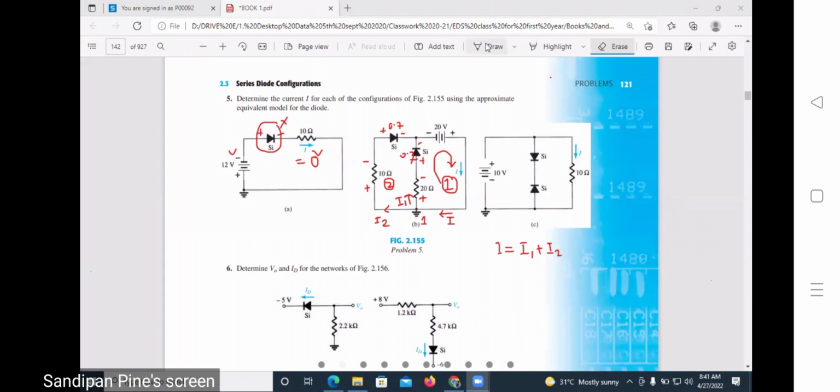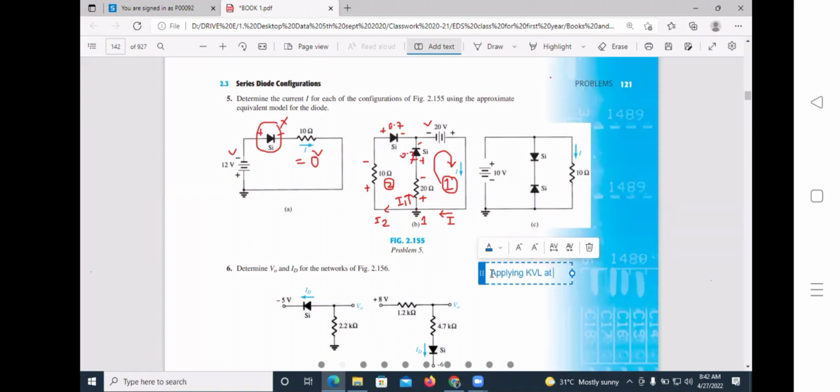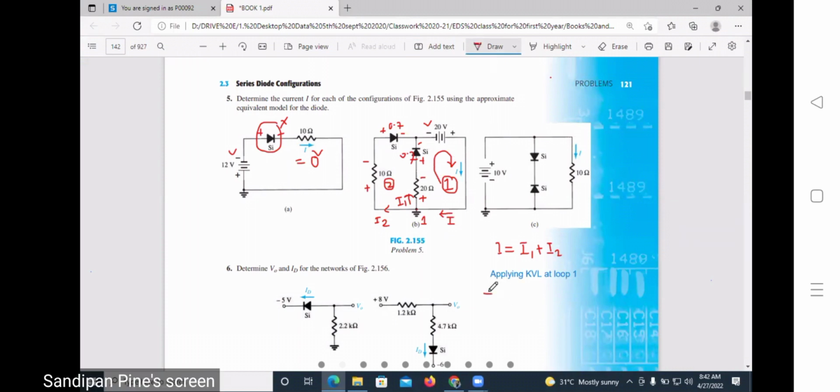Suppose we start from this point. Applying KVL at loop 1, we can get minus 2 plus 20.